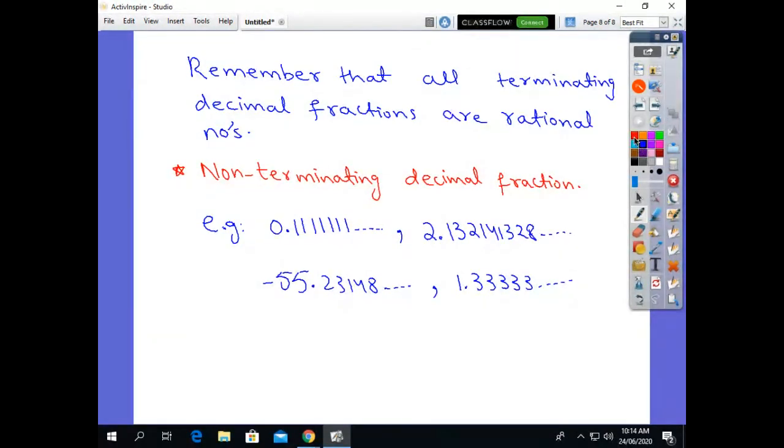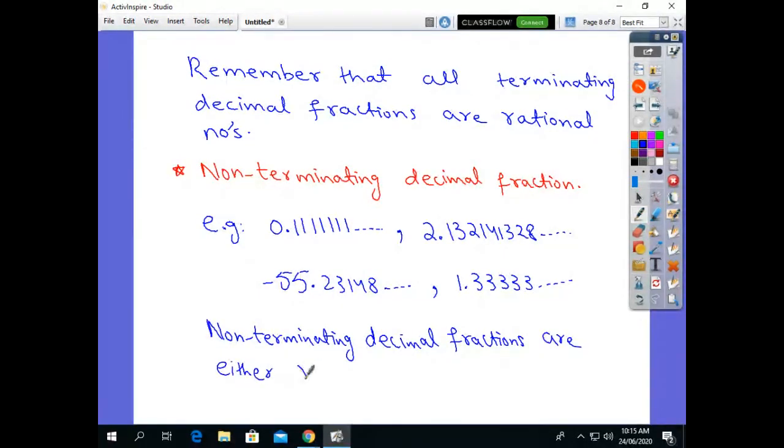And the point to remember here is that non-terminating decimal fractions are either rational or irrational numbers.